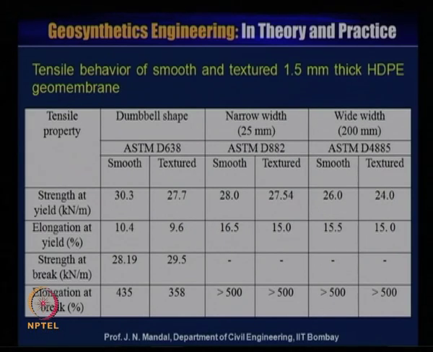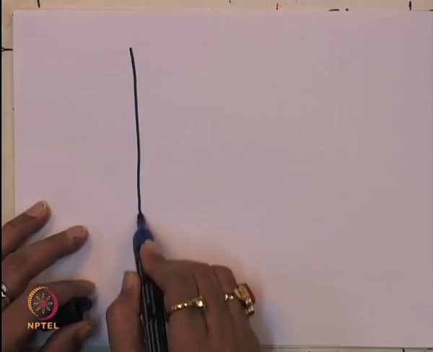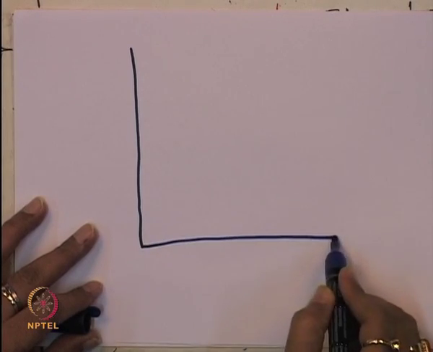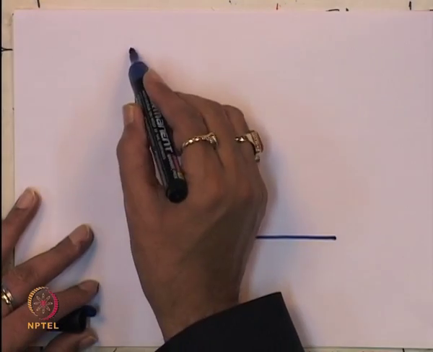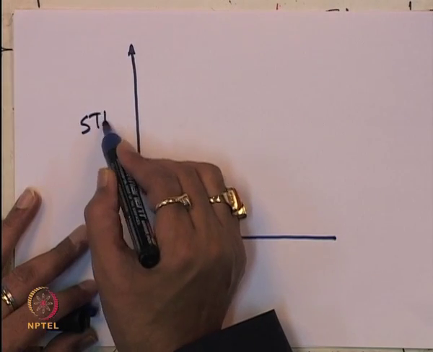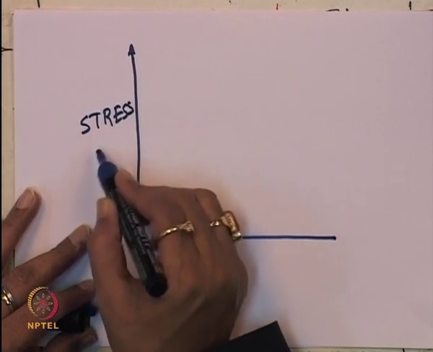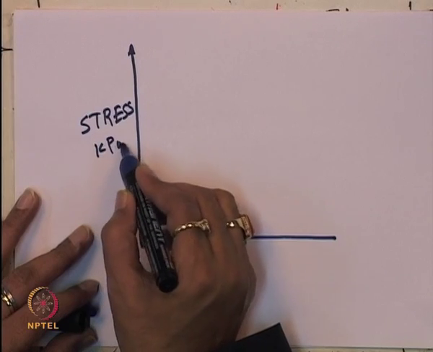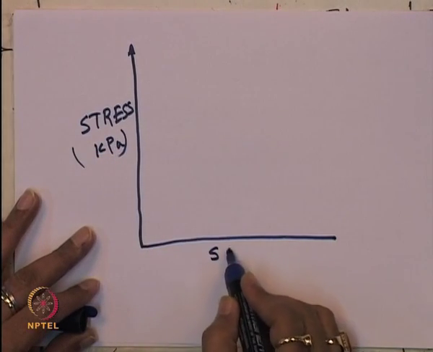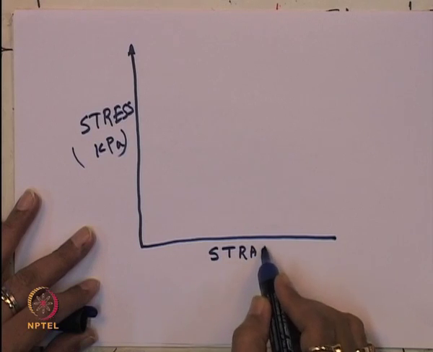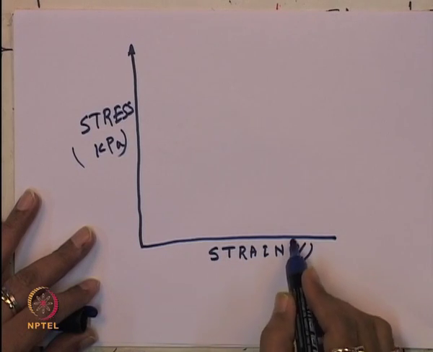Now I just wanted to explain some tensile stress versus strain response curves for HDPE and PVC. For example, this is the stress, this is in kilopascal, and this is the strain, this is in percentage.